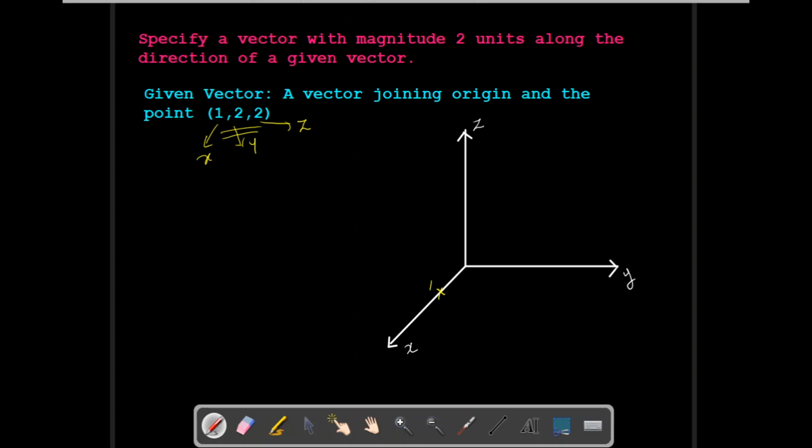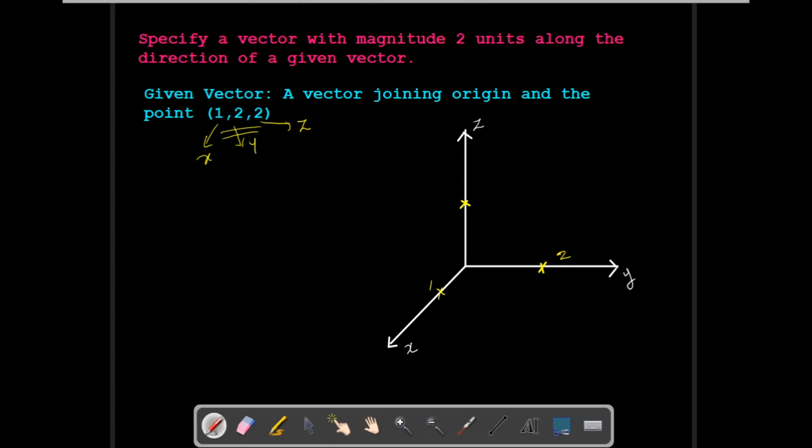Then I have to locate point 2 along the Y axis, and then point 2 along the Z axis. To get a better feeling of this, please mark 2. Let the 2 be somewhere here. So this is my point 2 somewhere here, and then I have another 2 on the Z axis, somewhere here.